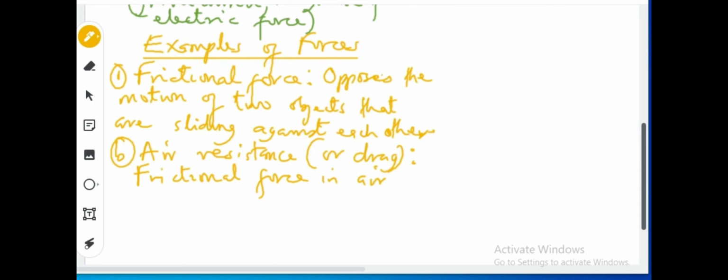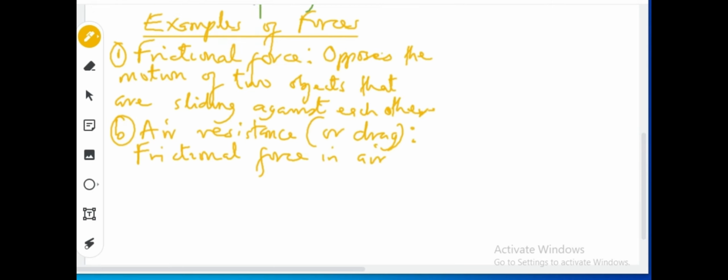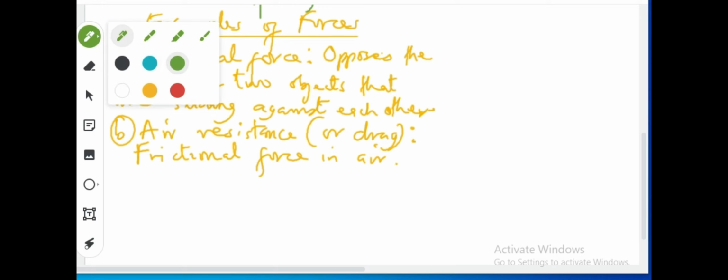By the way, to reduce air resistance, what should you do? Increase the weight? Are you sure? No, increase the speed? To reduce air resistance, reduce the cross-sectional area. In fact, let's talk about it.